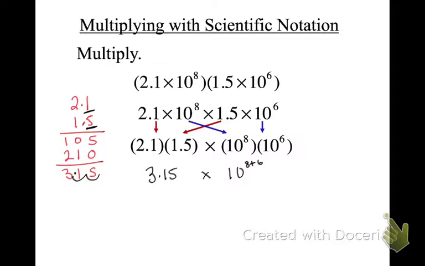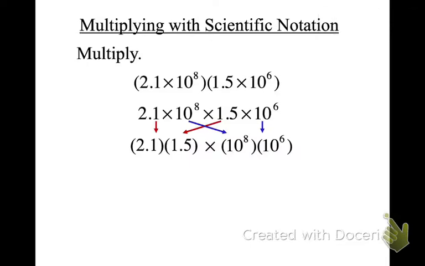Okay? So that ends up being 3 and 15/100, and then we're using our rules of exponents here, times 10 to the 14th place.